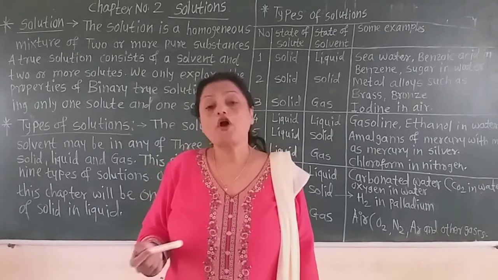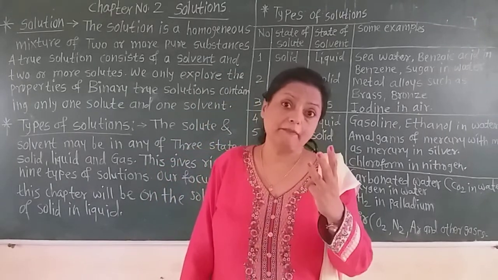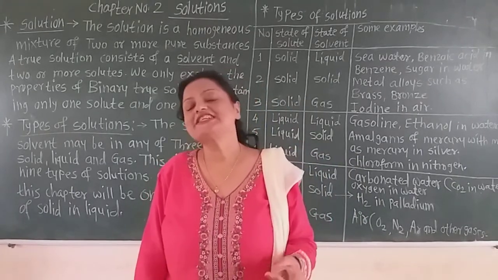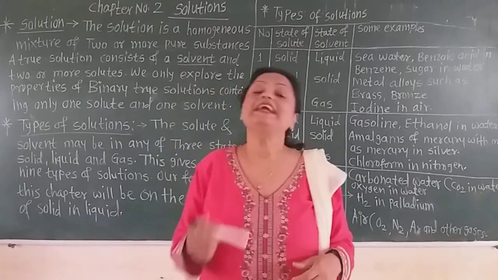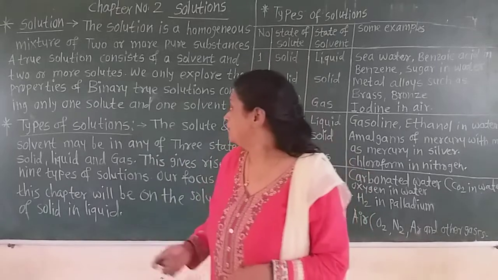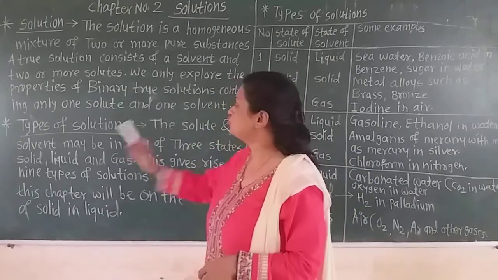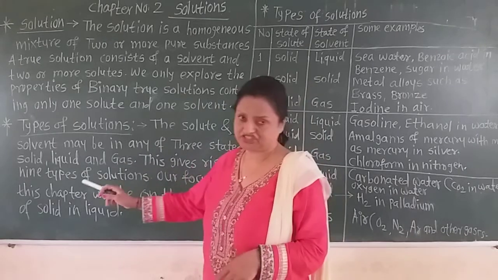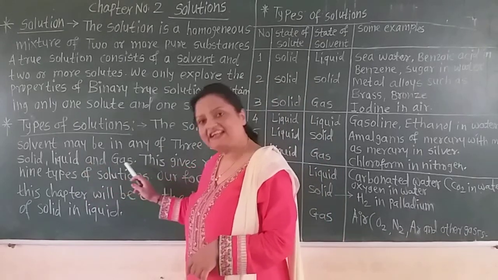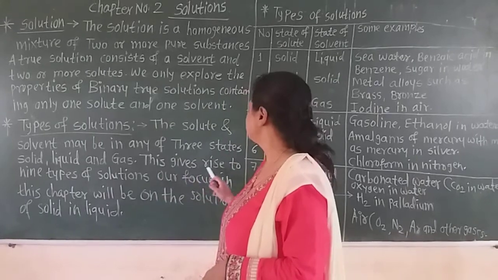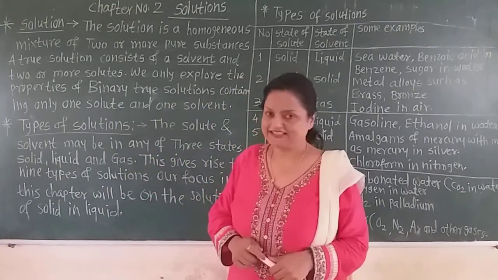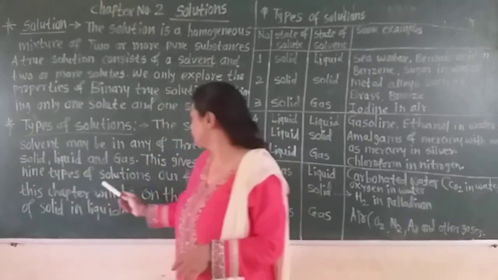But according to the 3 states of matter, that is solid, liquid and gas, the solutions are classified into 9 different types. The solute and solvent may be in any of the 3 states, solid, liquid and gas. This gives rise to 9 types of solutions.